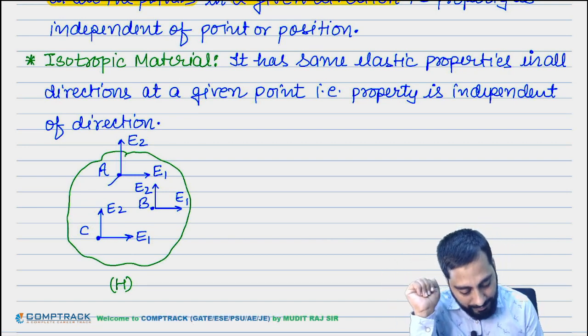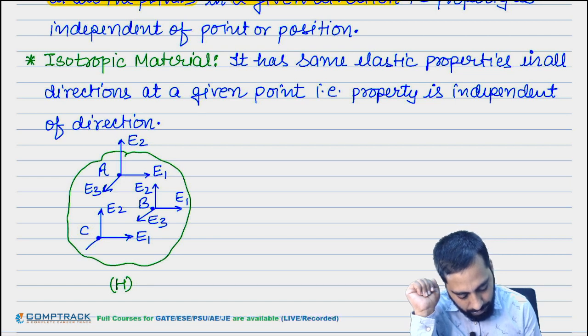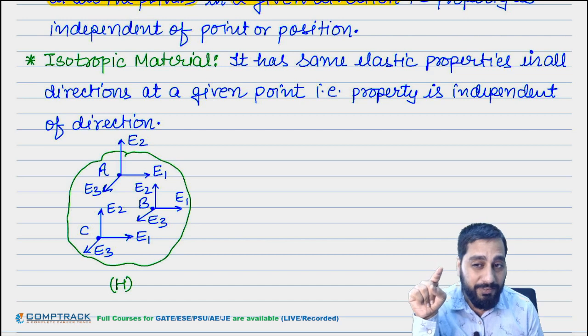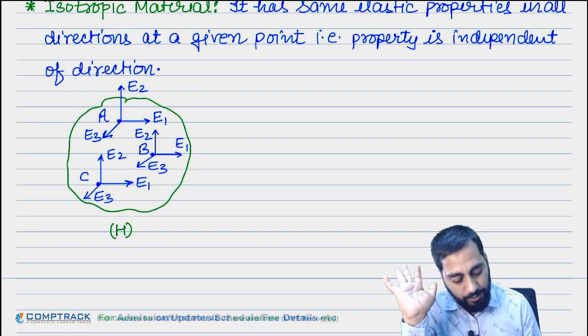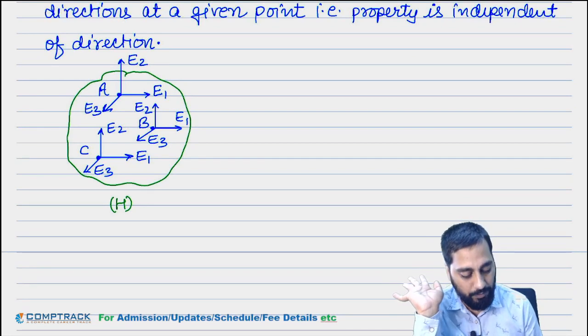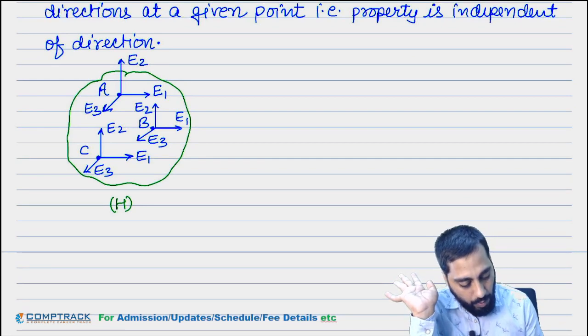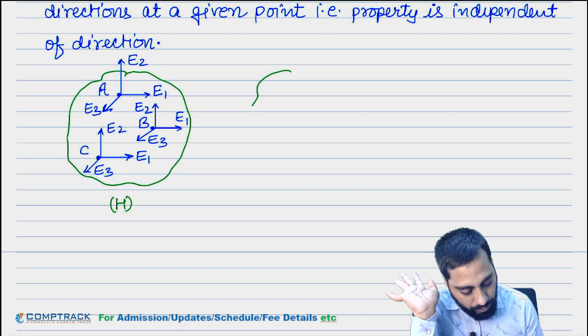Similarly at A point, let's say in Z direction, property is E3. So at B also it will be E3. At C also it will be E3. What is the physical significance of this diagram? I am going to tell you. अभी के लिए you can write it like this. Okay. Now, what is the isotropic material?